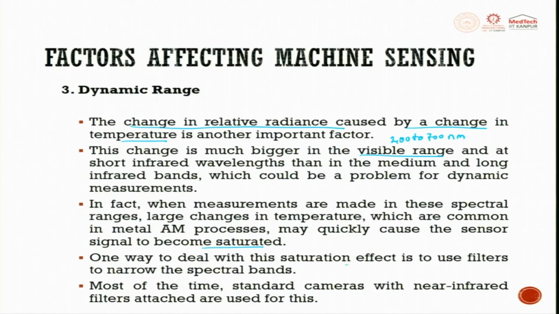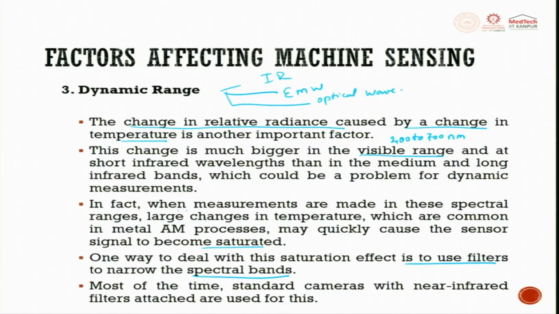One way of dealing with the saturation effect is to use filter and narrow down the spectral band. Whatever I talk here is common for IR, is also common for electromagnetic waves. Okay, it is common for both. It is also common for optics or optical wavelength.